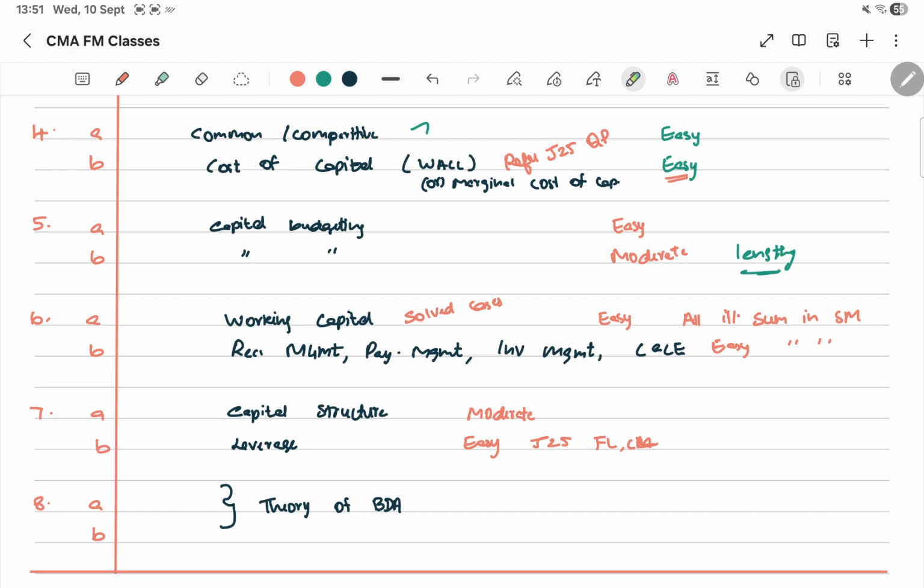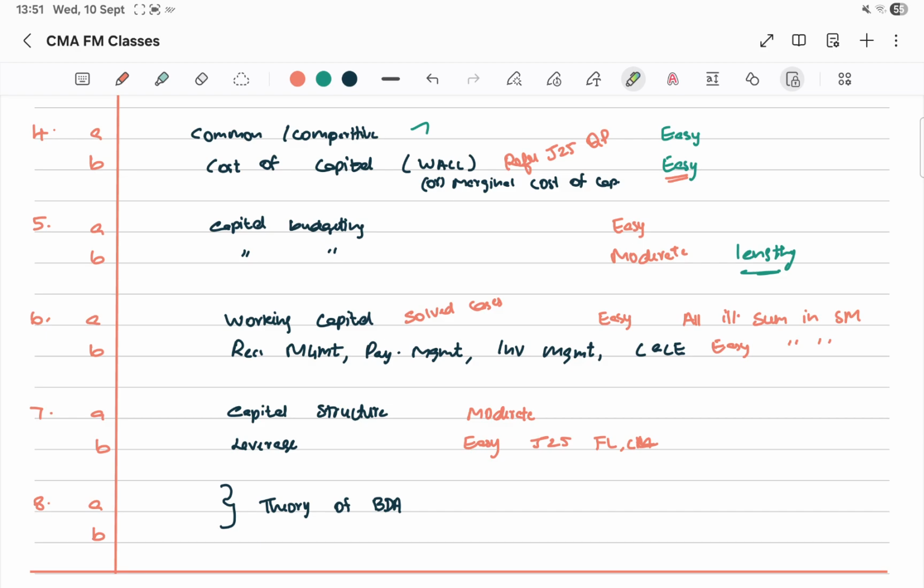If you are very weak in your practical sums, then you have to go with theories, that is BDA and also FM theory. That is module number 2 of FM, and then modules 8, 9, 10, 11. If you study those 5 modules, you will be able to attend 28 marks.